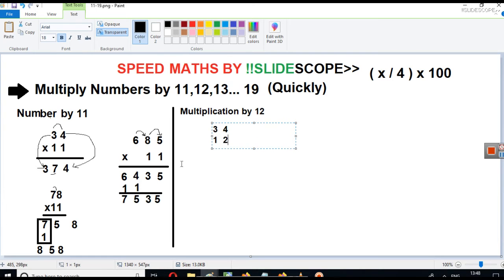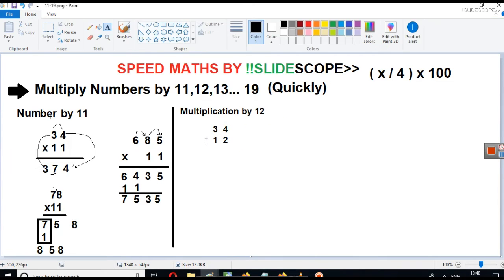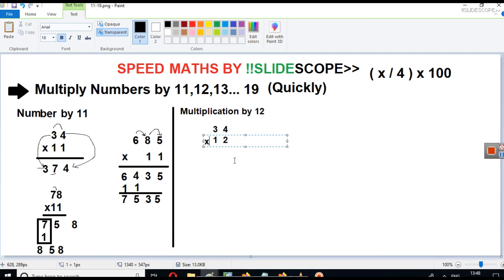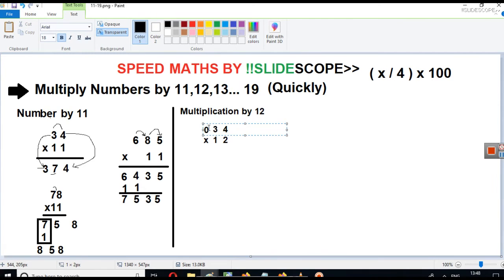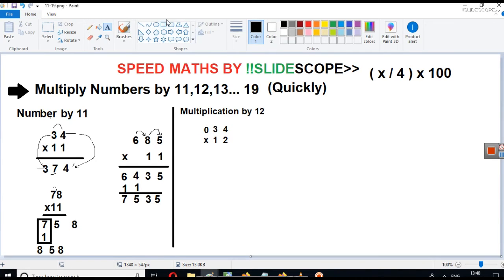Now we have to multiply it by 12. Before multiplication begins, we have to put 0 here, or you have to assume in your mind that it is written like this. You will understand why when I calculate it.